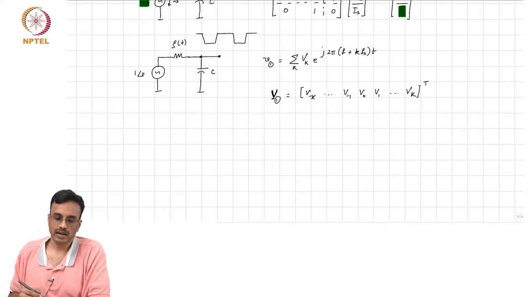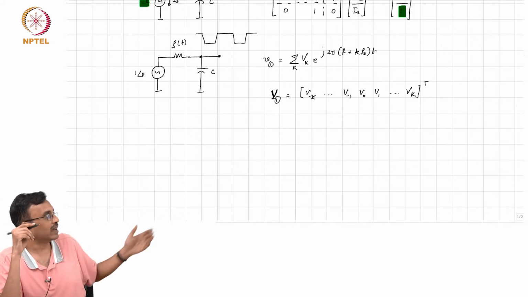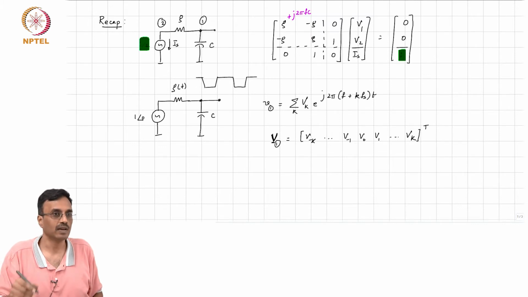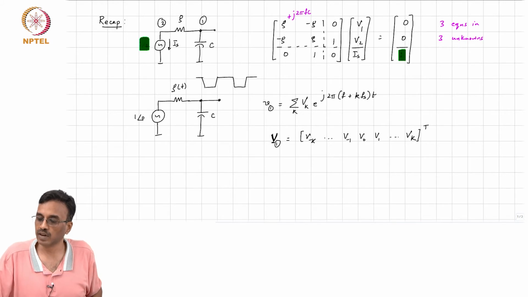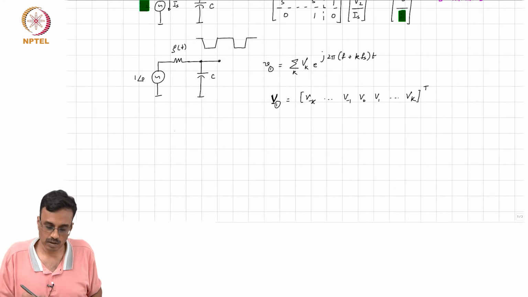That therefore means that, while in the linear time invariant case you had 3 equations in 3 unknowns, now, let me write this down here, 3 equations in 3 unknowns, and all of a sudden what comment can we make? How many equations do we have?